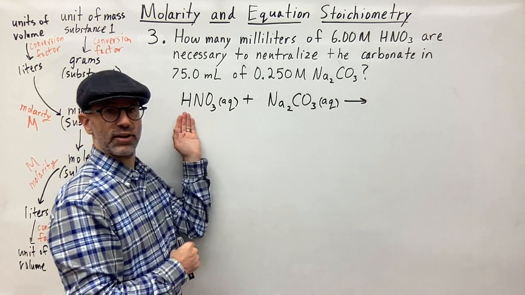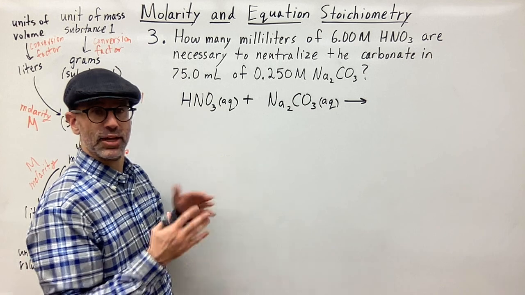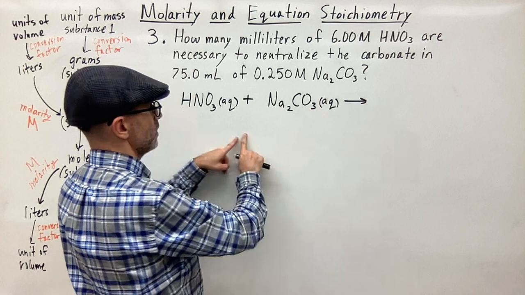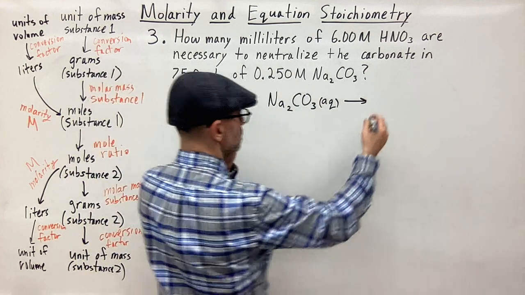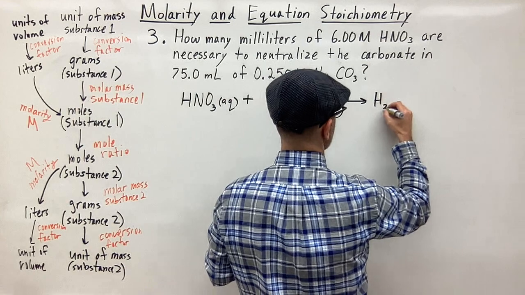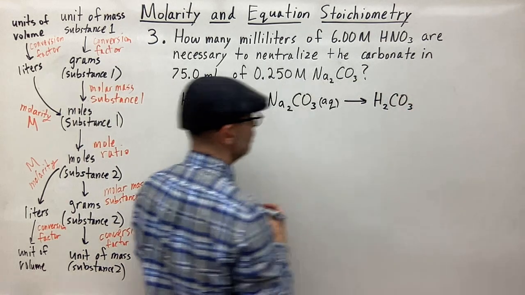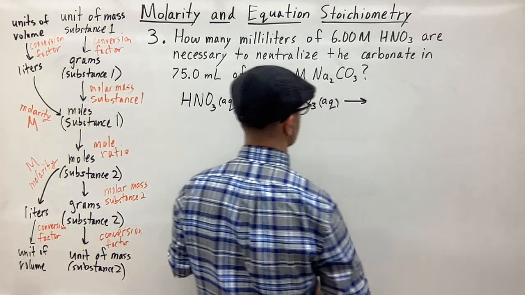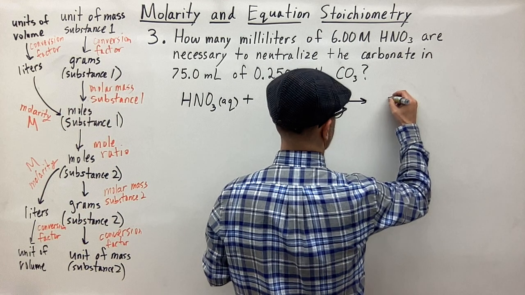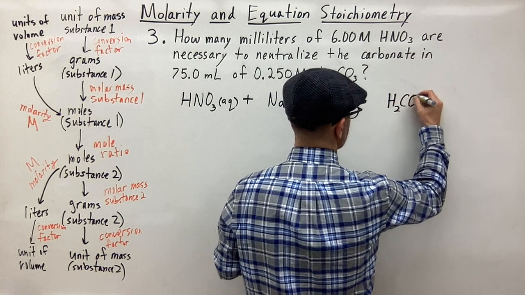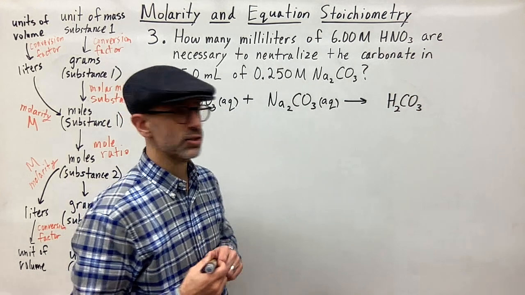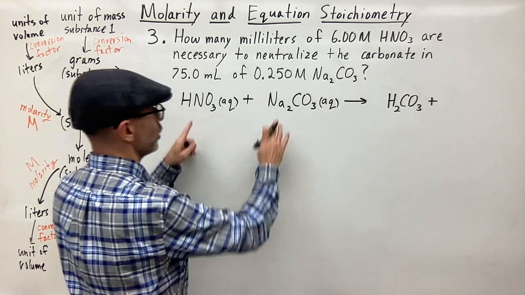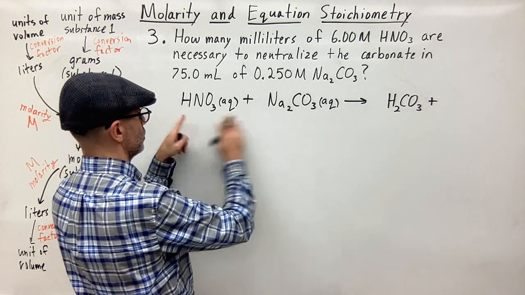Even though this is an acid, it's molecular, it will ionize and become ions. So we could put the H with the CO3, the carbonate ion. That will form H2CO3. And the two other ions, sodium is going to go with nitrate.